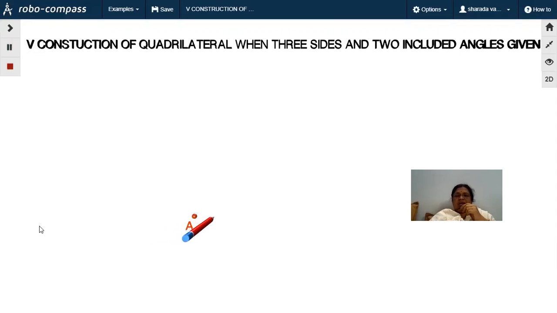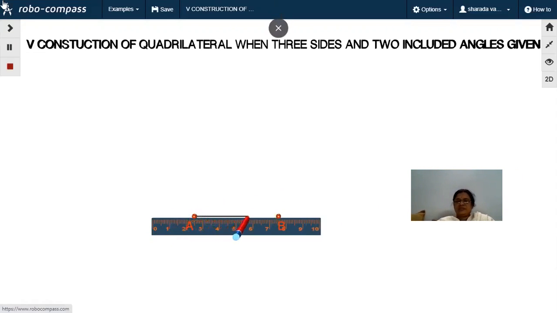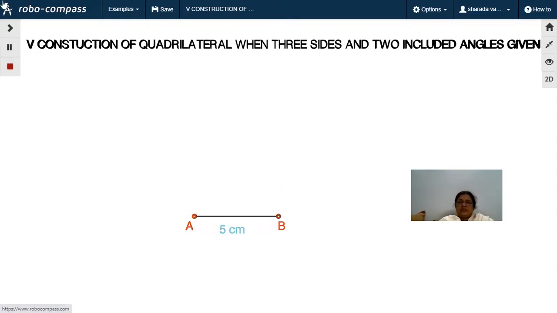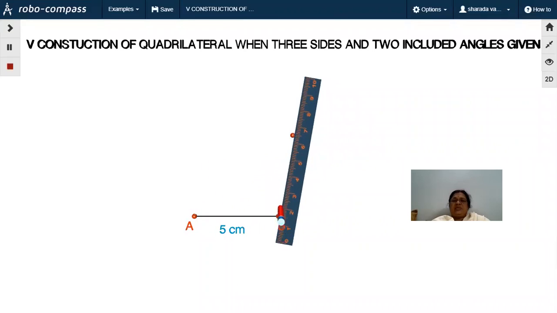you have to take a line segment AB, so the line segment length is 5 centimeters, and at angle B you have to take a 100 degrees angle with a protractor.